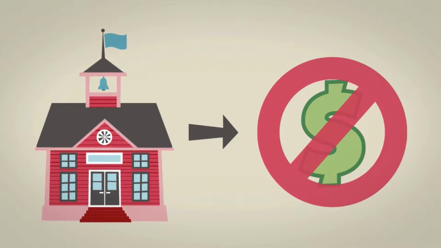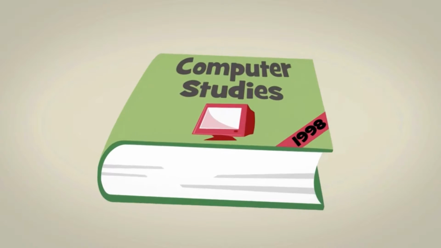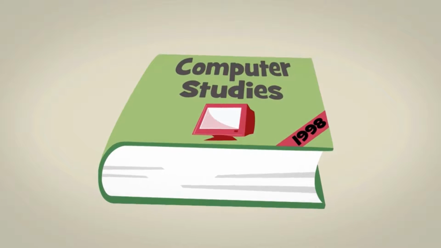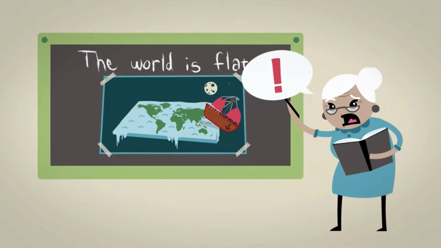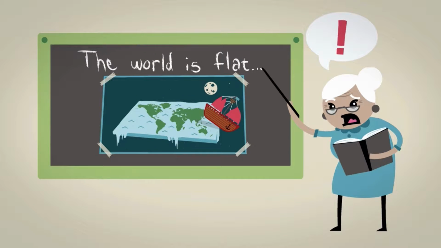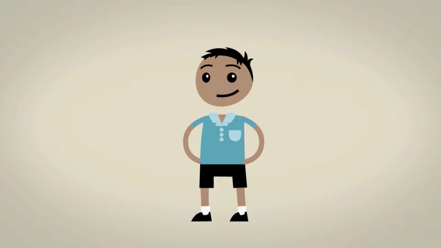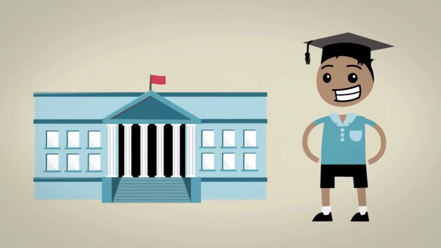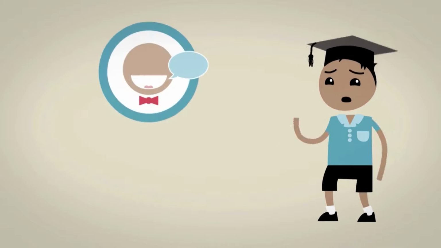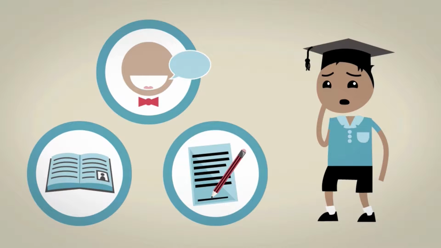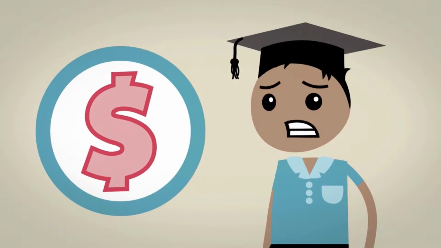You see, Tando's school can't afford the latest learning materials, so he has to work with textbooks that are completely outdated. To make matters worse, Tando's teacher is also left using outdated information, often without even realizing it. And even if he manages to overcome this and gets into college, the cost of all the lessons, books, and notes he needs will land Tando in a pile of debt.